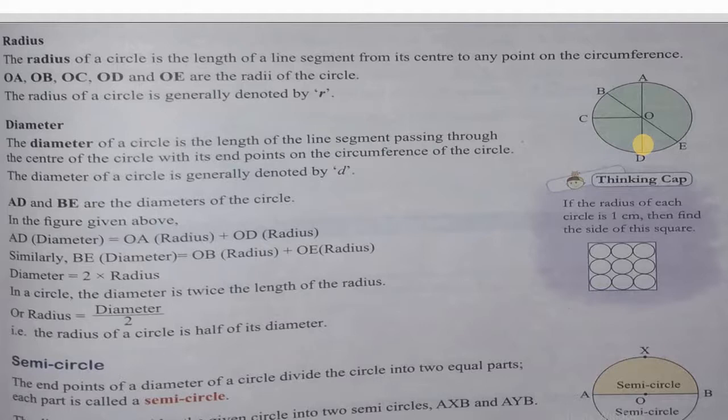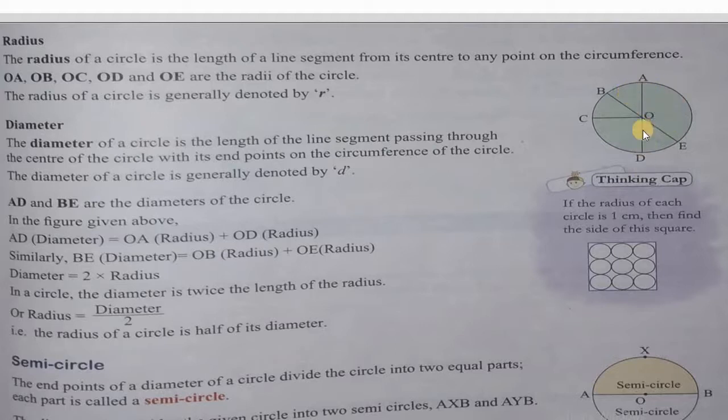Now we are going to see what the diameter is. The diameter of a circle is the length of the line segment passing through the center of the circle with its endpoints on the circumference of the circle. Here we can see AOD. O is the center, OA is a radius, OD is another radius.